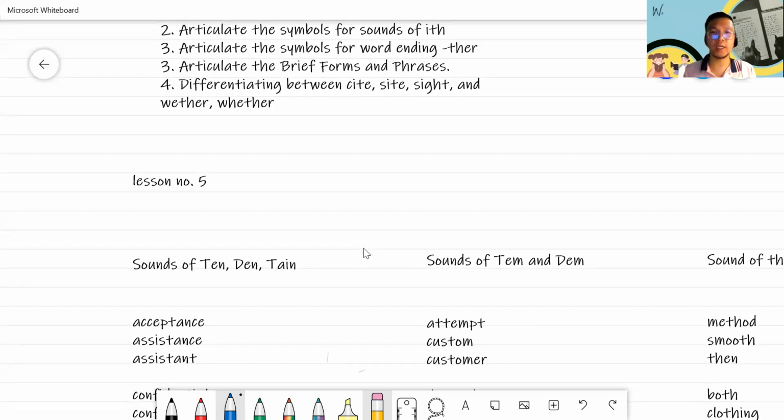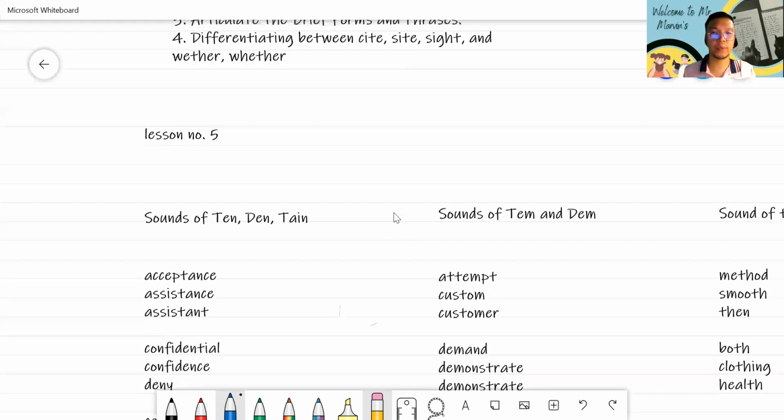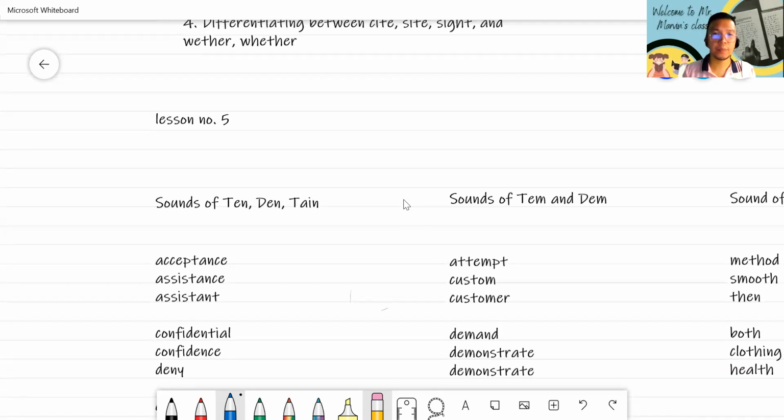The sounds of ten, then, and tain is represented by a blend of a T plus N symbol. So supposedly, if you're going to write it, it is going to be like this, T and N symbol.